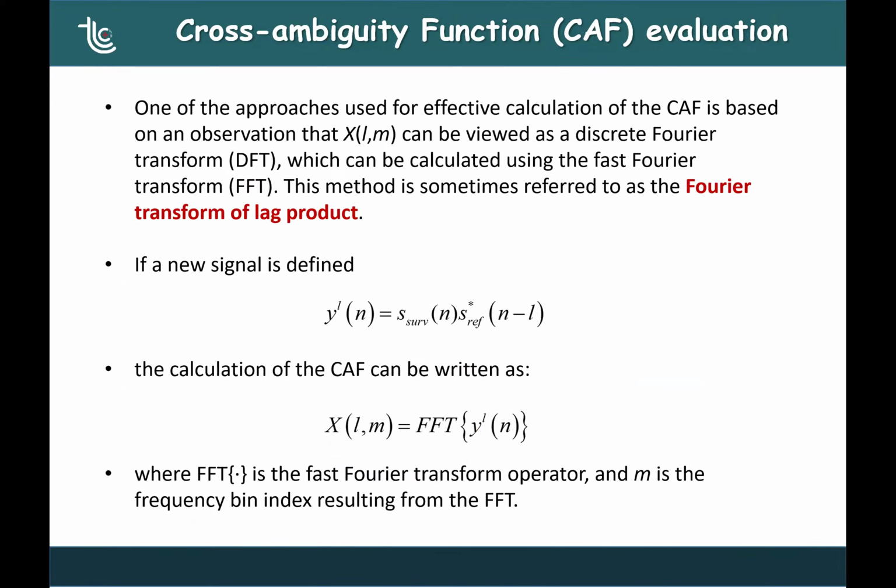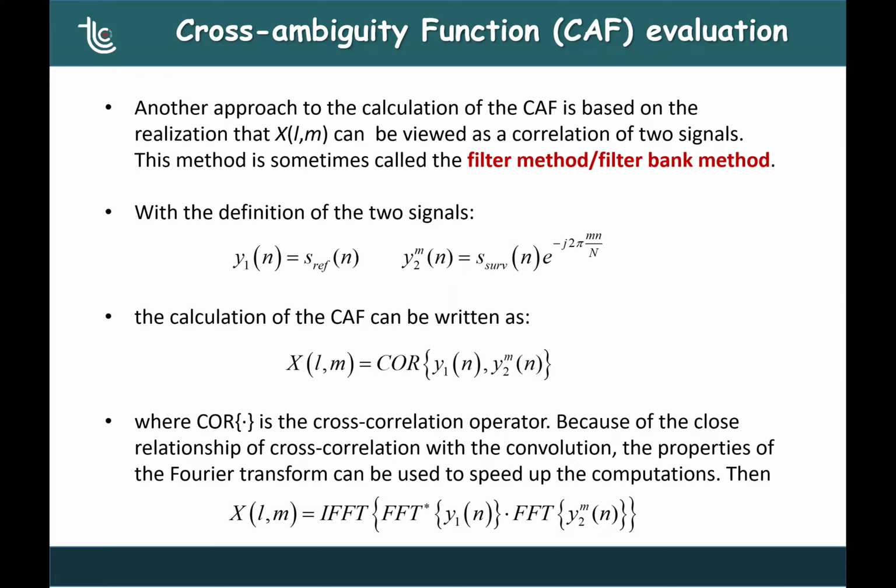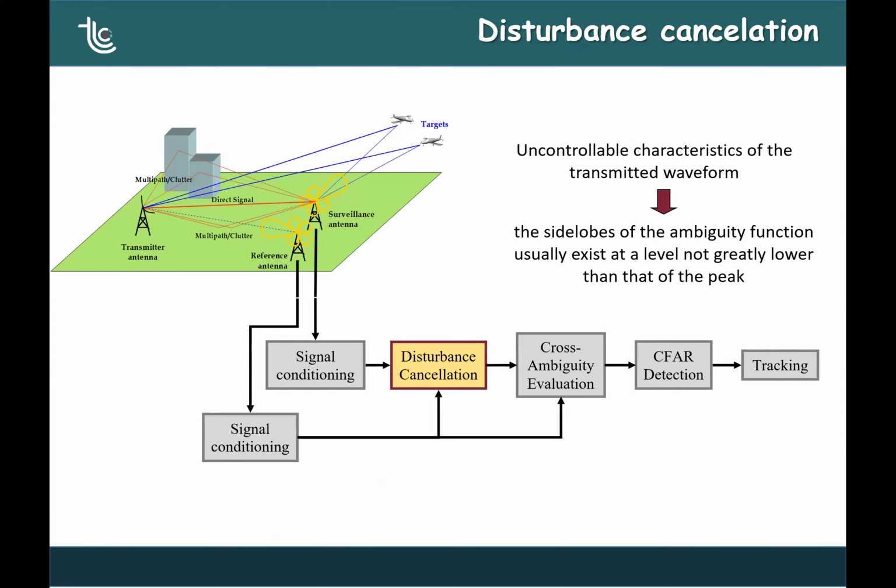One that uses the interpretation of the ambiguity function as the Fourier transform of the product of these two signals. The other one uses the interpretation as the correlation between two signals, and then we use the FFT and then the inverse of the FFT.